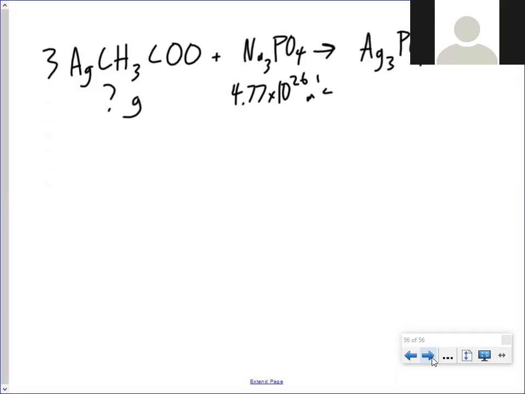The second half of this problem kind of squished anyway. So we write down exactly what we have. 4.77 times 10 to the 26 molecules of, I'm going to just use N and A. Okay, we're only dealing with these 2 things, sodium phosphate, silver, blah, blah, blah. So I'm going to just use N and A to save myself some room because it's a bunch of crap. Everybody cool with that? So N.